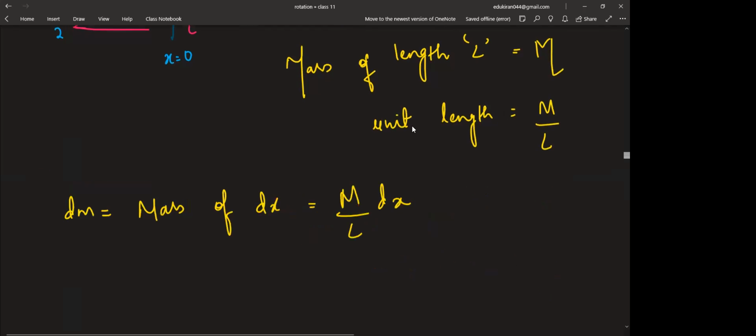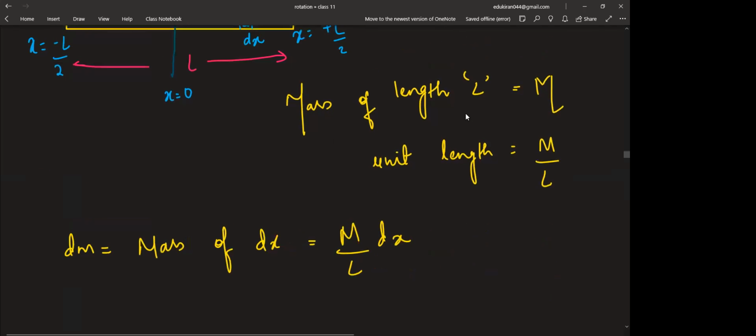Did you understand here? When the length of the rod is L, then the mass is M. What's the mass if the unit length is present? Mass of unit length is M by L, unitary method. If you know the mass of a unit, then you can calculate the mass for any length, right?